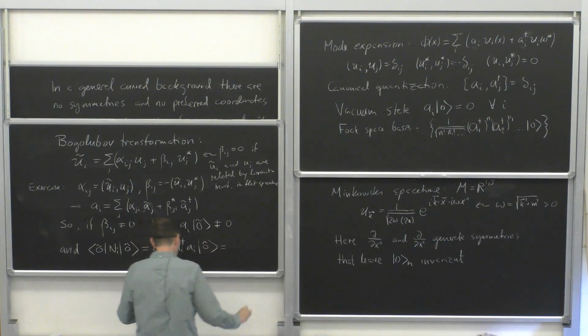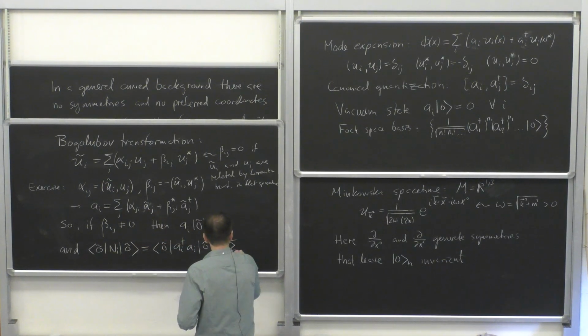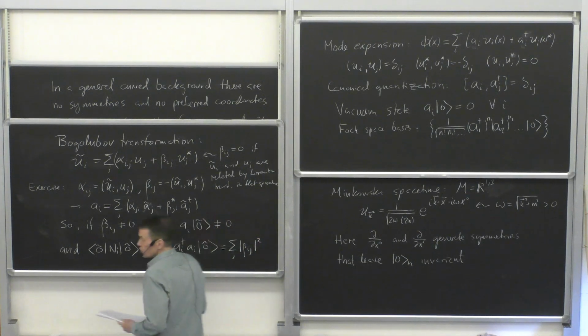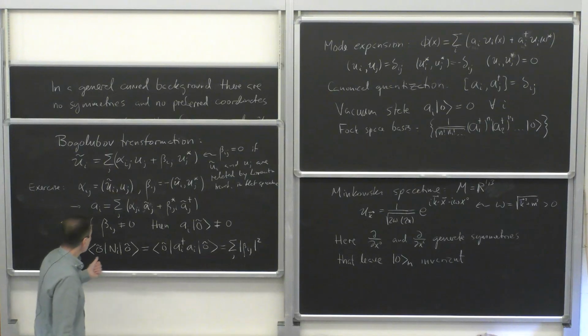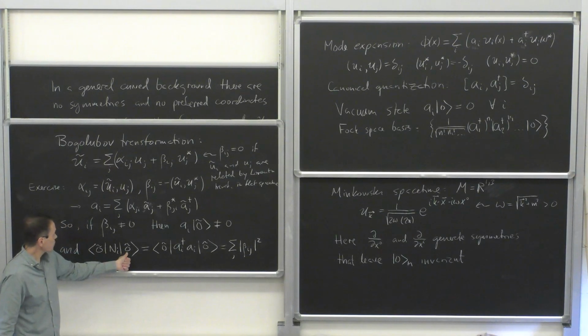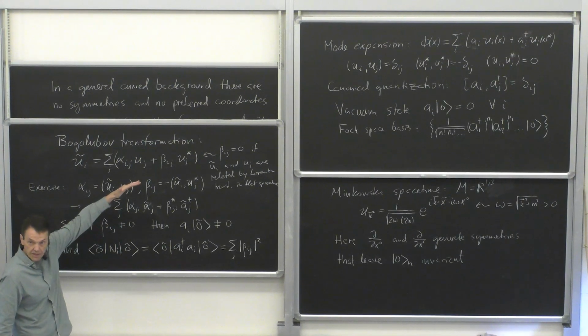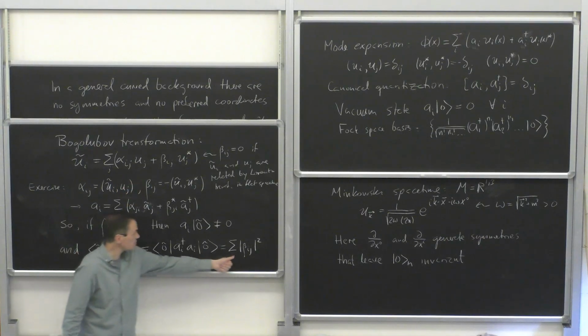And that's going to be given by the sum over j of beta_ij squared. So if you calculate the Bogoliubov coefficients, then in my tilde vacuum, I can ask what is the occupation number of the ith mode of the original vacuum, the original Fock space basis, and it's going to be given by this expression here.